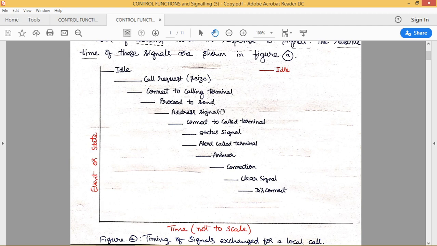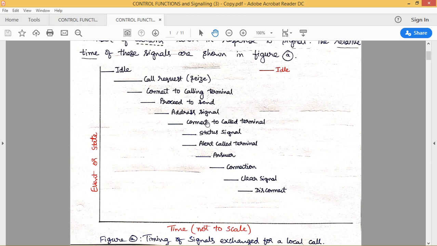With the reception of the address signal, the local exchange should detect which end user it has to connect. Not only that, it also determines the class of service available with the called person, identifies it, and checks the status of the called person, whether he is free or not. All those things are analyzed by the local exchange.